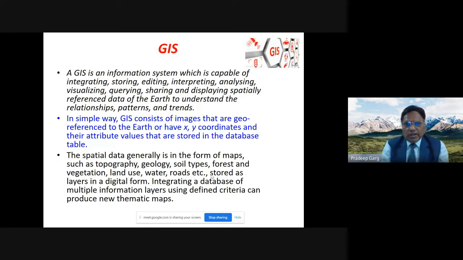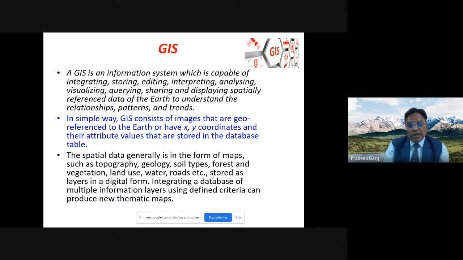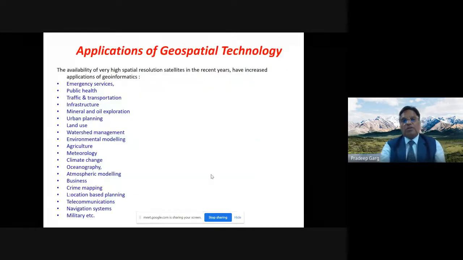So all that multiple information which you are collecting from multiple sources, and you want to integrate them together, and you want to derive a useful result, or you want certain queries from the data, that is also possible with the help of this. So all that digital data which you are collecting from different means, you can analyze very quickly. You can produce new information, and you can produce new maps with the help of that.